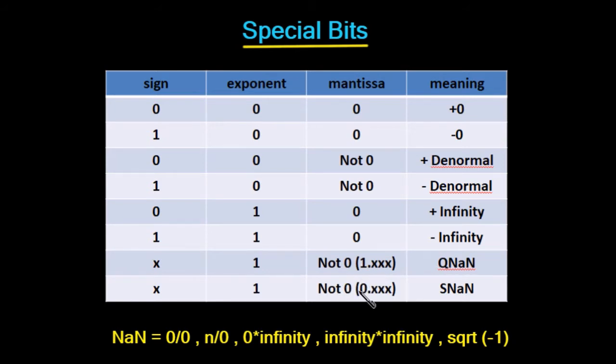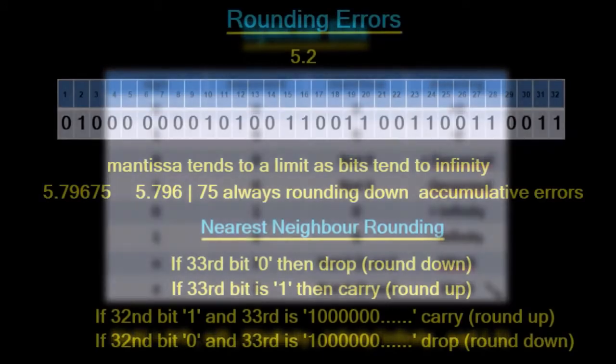And if the very first value of the mantissa is a 0, then we call that a signalling not a number. The quiet not a number and the signalling not a number will be treated differently within the processor. The quiet not a number will allow the process to continue, but the signalling not a number will create a stop or a trap, and the processor will stop the process.